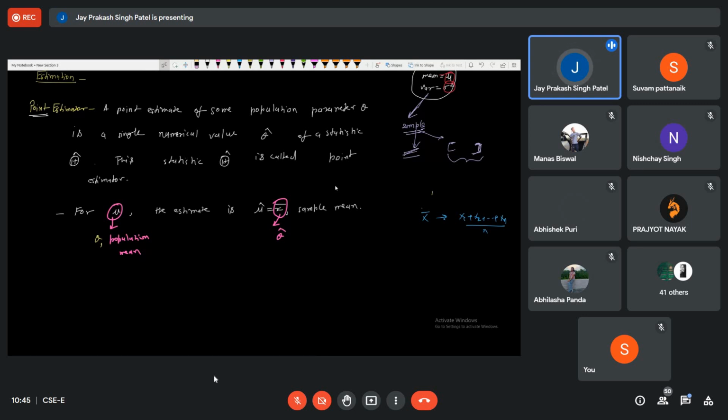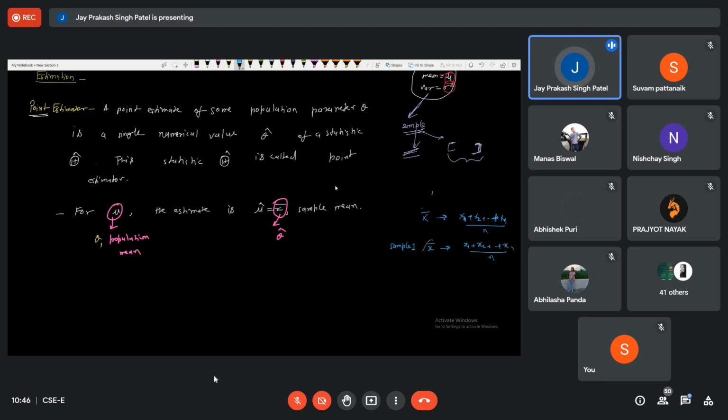Here x1 is the first observation when you draw the sample, and x2 is the second observation. So these things x1, x2, xn are random, right? So when I draw the first sample, let's say sample 1, I can compute little x bar, which is going to be x1 plus x2 plus xn divided by n.